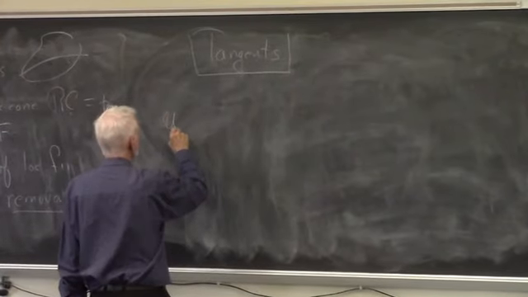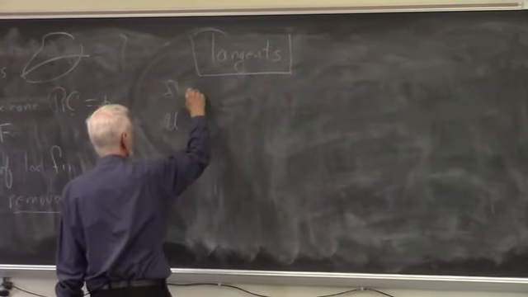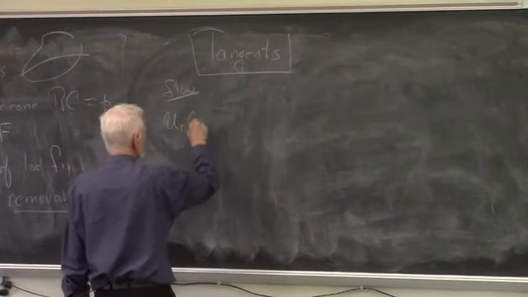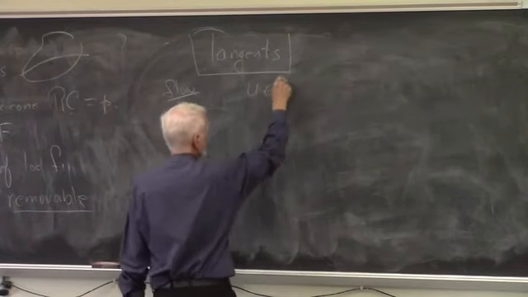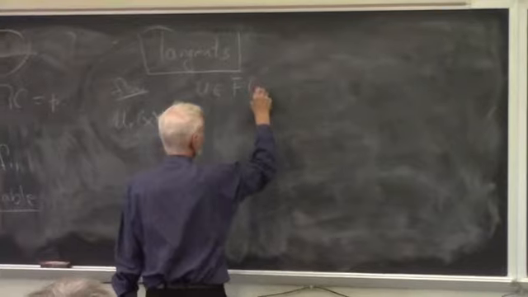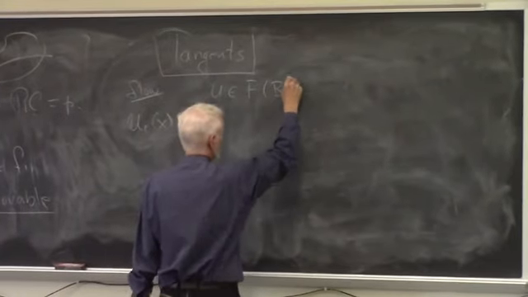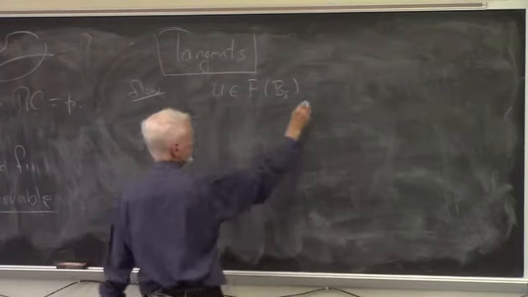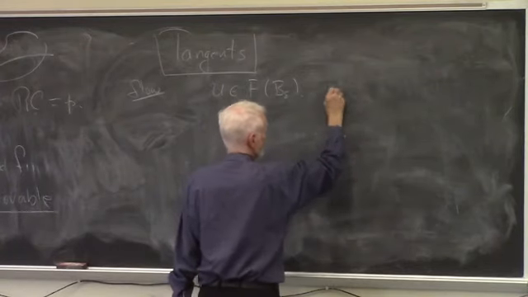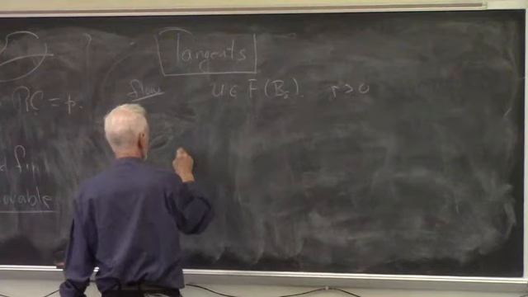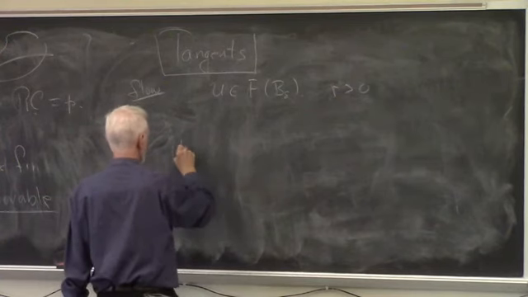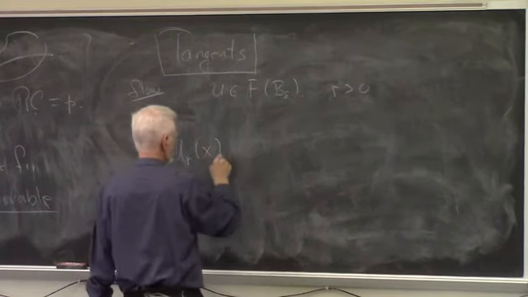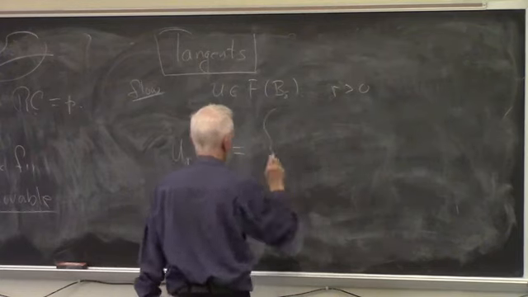So let me write down a flow. If I give you a function u which is subharmonic in a small neighborhood of the origin, and I take a positive number r, then u sub r of x is the function, well, it depends.